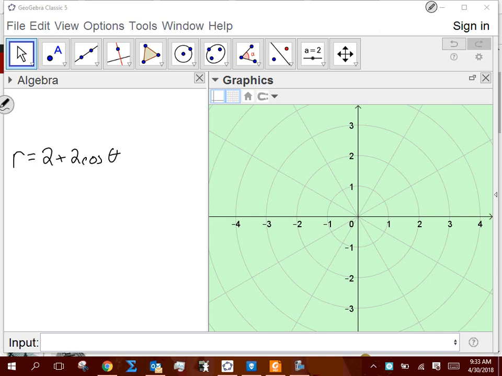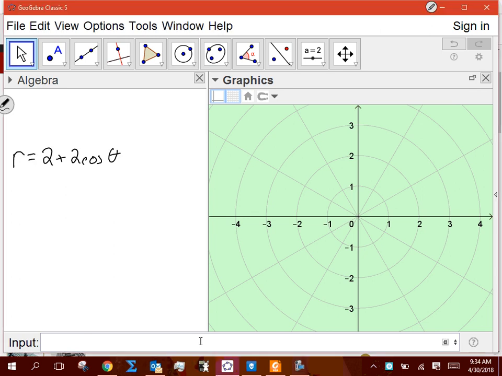So when I change it into rectangular, there's no r's left, there's no thetas left. All I'm left with are x's and y's. Okay? And it's an algebra task. It's a substitution process, really, and then altering it to whatever format you want once you get that algebra converted over to x's and y's.